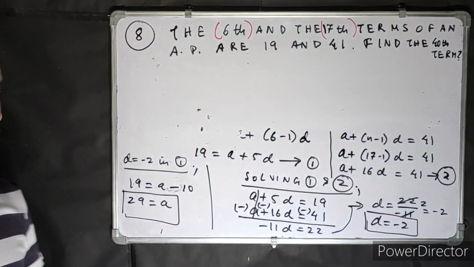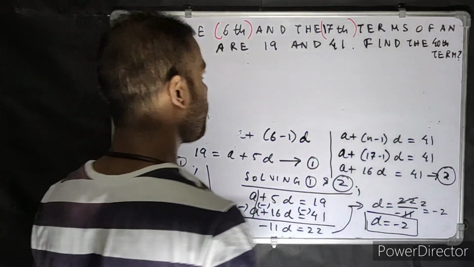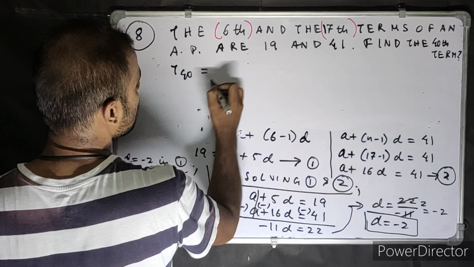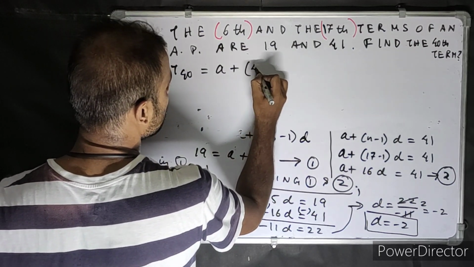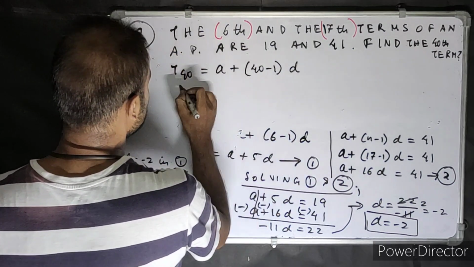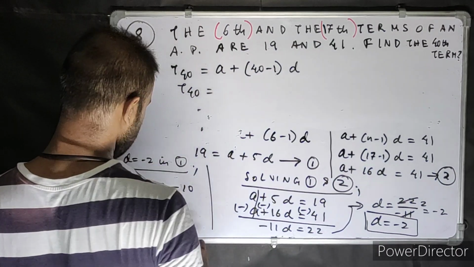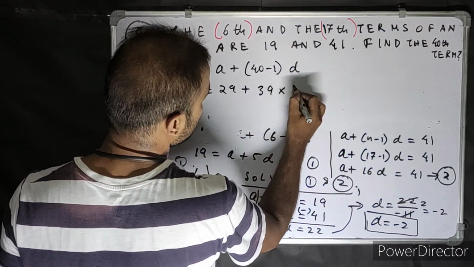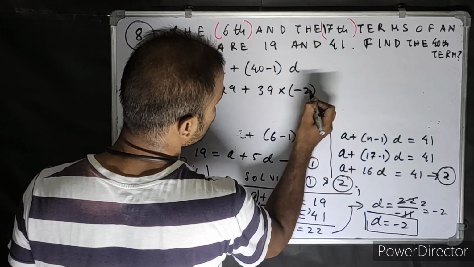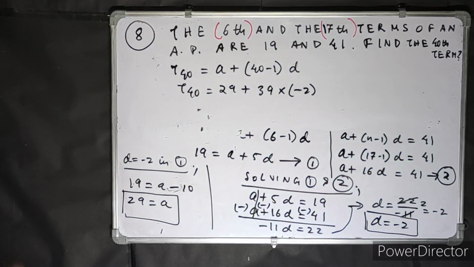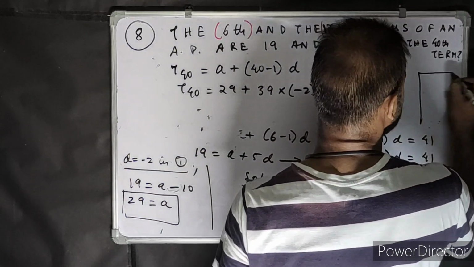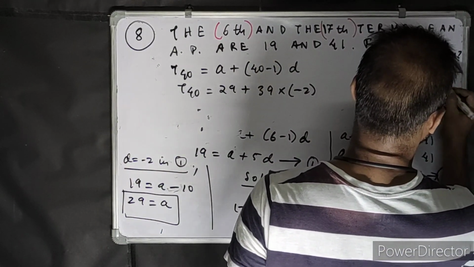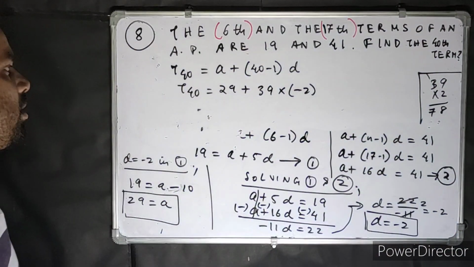So the 40th term, I've got my D and my A, and I got my N also. So T of 40 is equal to A plus 40 minus 1 D. So T of 40, A is 29 plus 39 into minus 2. Okay, multiply that out. 39 into minus 2 is minus 78.